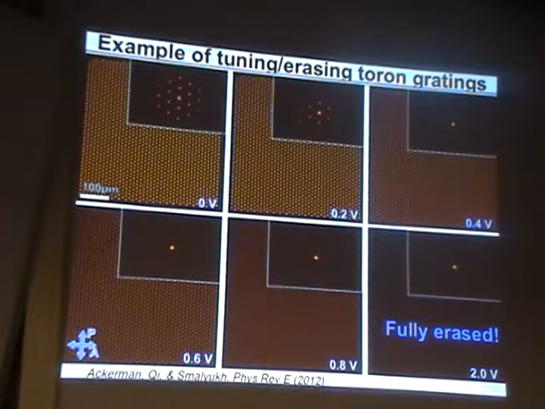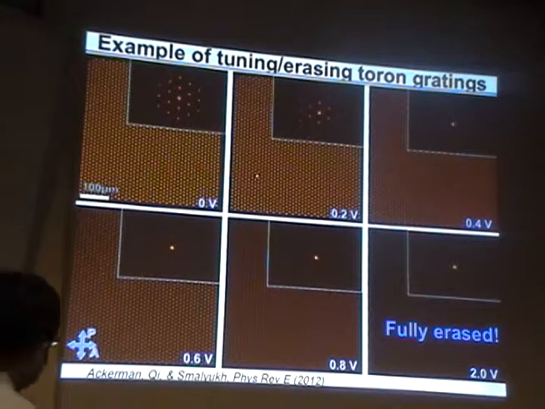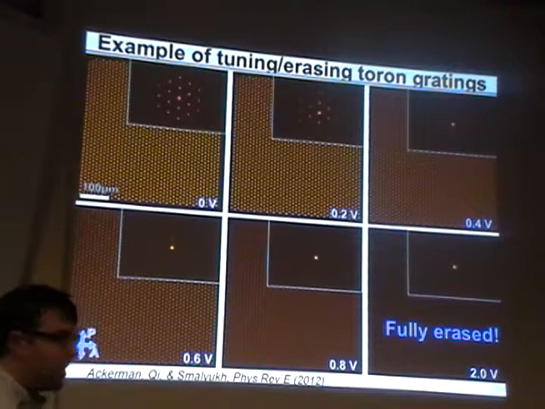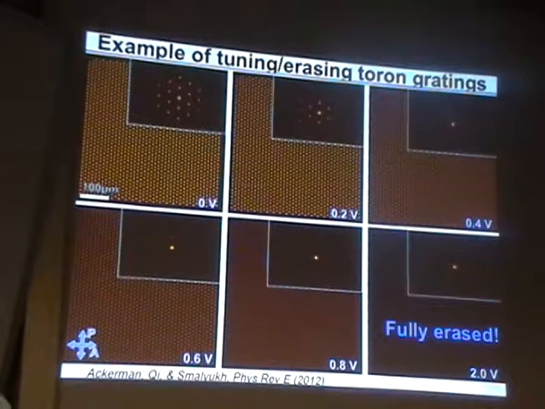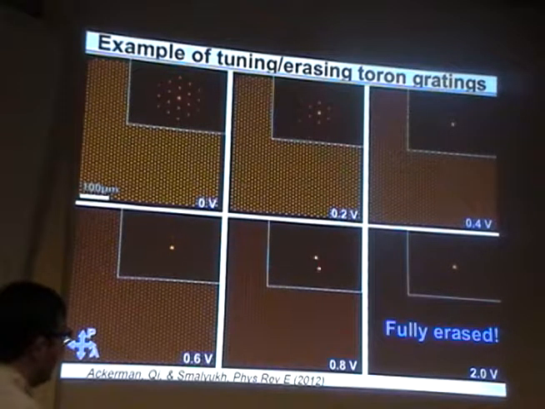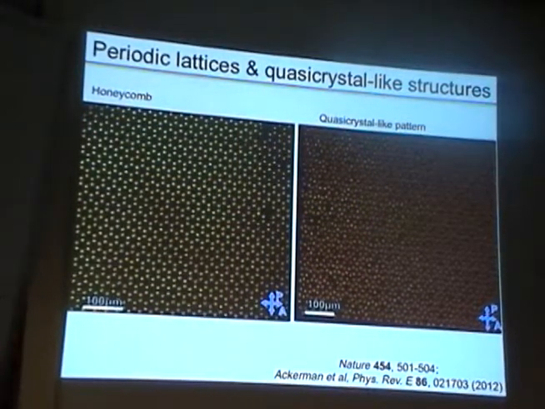Then later you could generate a different one. Say if initially you had a hexagonal lattice, you could then generate a square periodic one. So those diffraction gratings are optically reconfigurable, and we can control the diffraction patterns by applying voltage.